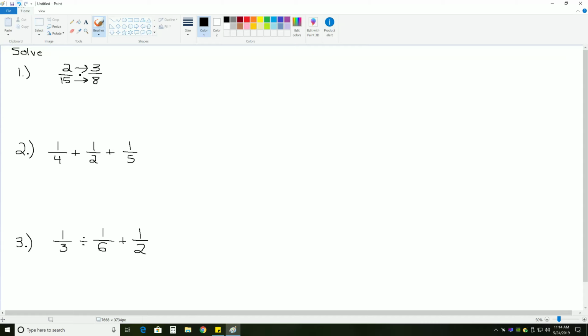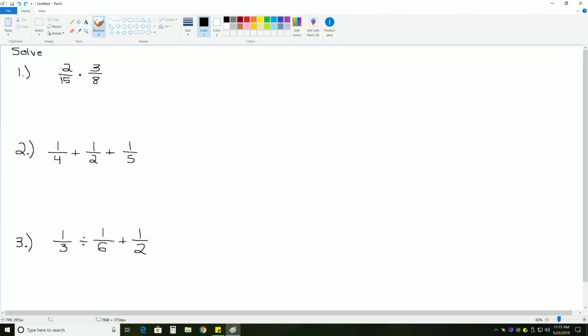So instead of just immediately going to multiplying straight across, we instead want to see if we can reduce any of these fractions. So we're going to start with each fraction separately. We want to check, is there any common multiple between 2 and 15?